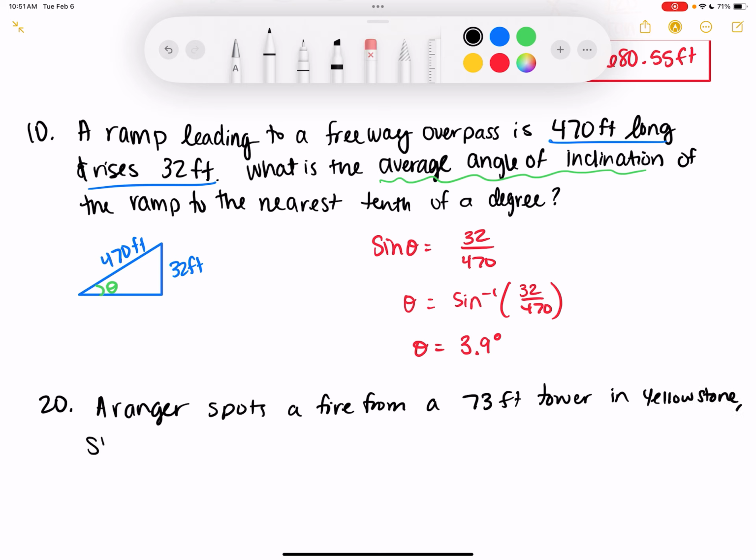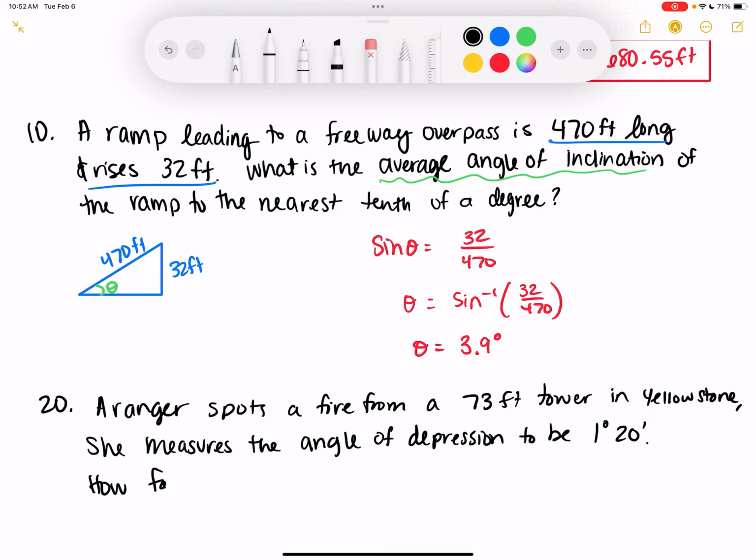She measures the angle of depression to be 1 degree, 20 minutes. How far is the fire from the tower?